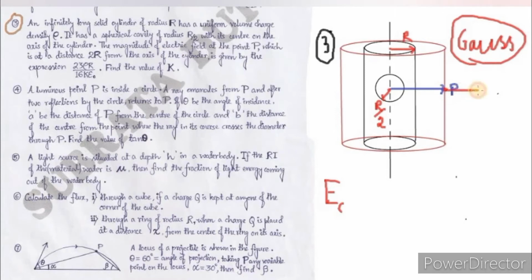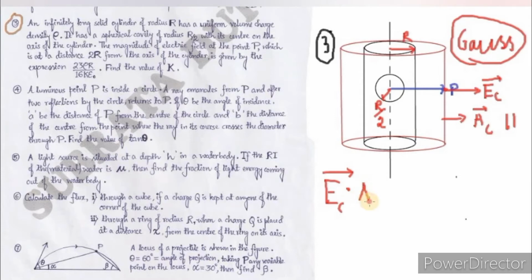First thing, understand, we are finding the electric field at point P due to the cylindrical structure without any cavity. I will come to how to calculate with the cavity later on. Okay, so the area is the curved surface area, and the area vector is parallel to the electric field vector at point P.